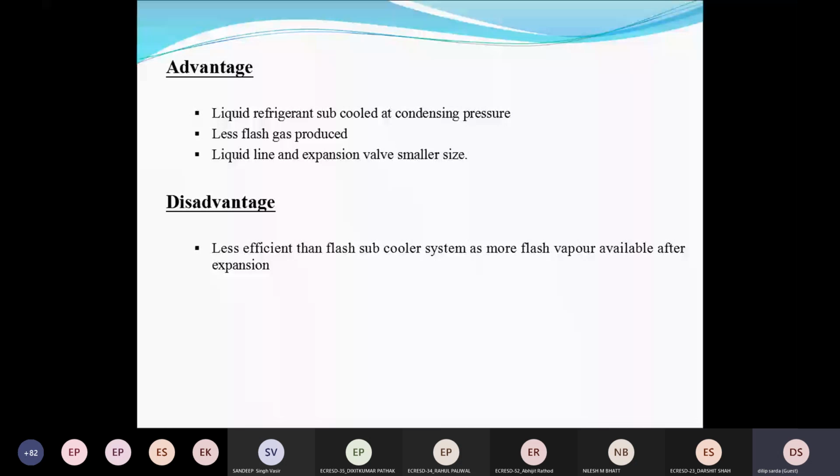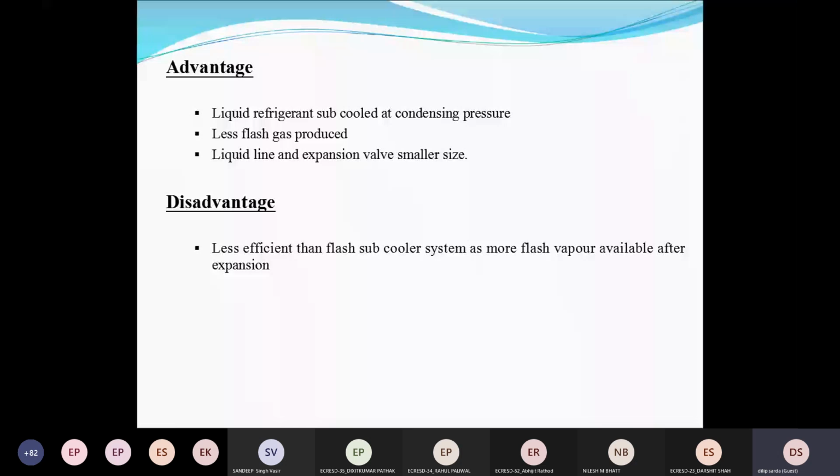Advantage. Liquid refrigerant is subcooled at the condensing pressure. Less flash gas is produced, doing the transfer from condenser to expansion valve, not after the expansion valve. In the pipeline of the liquid refrigerant, less flash gas is produced.